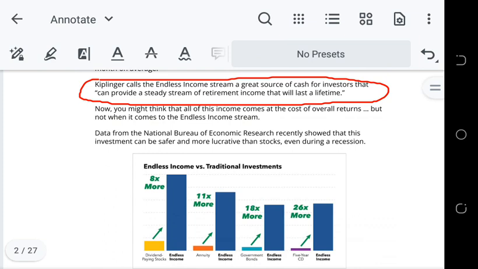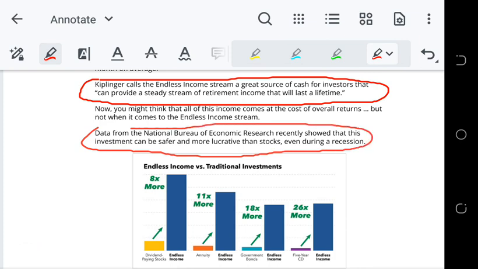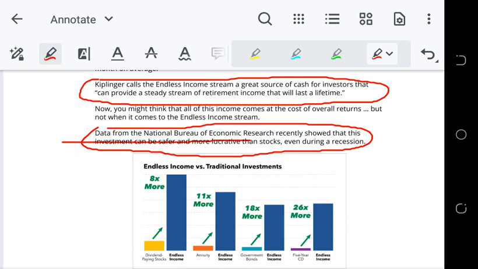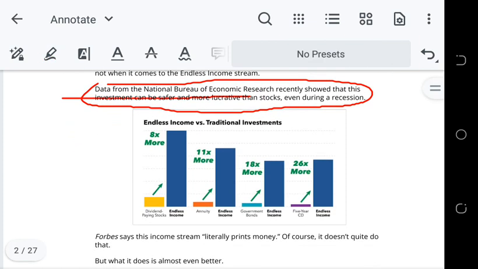Now you might think that all of this income comes at the cost of overall returns, but not when it comes to the endless income stream. Data from the National Bureau of Economic Research recently showed that this investment can be safer and more lucrative than stocks even during a recession. Now this is a claim, safer than stocks, but right there they have mentioned the name of a research institute, and then they have to back up that claim.